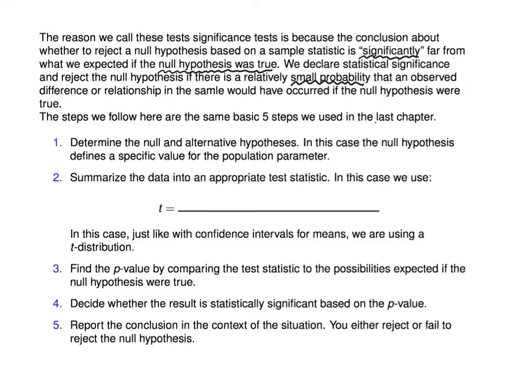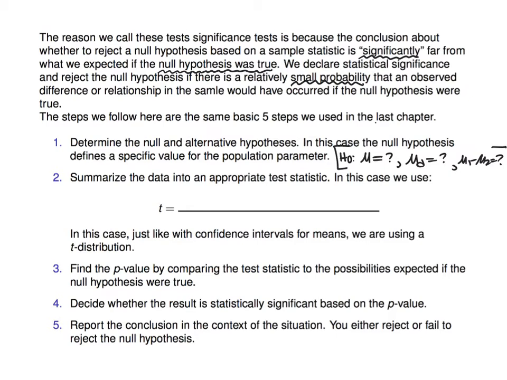And the steps we're going to do for these tests are pretty much the same as the steps for the last chapter, just some of the details are a bit different. So the first thing is to figure out the null and alternative hypotheses. In this case, the null hypothesis defines a specific value for the population parameter. So your H naught should be a mu equals something, a mu d equals something, or a mu1 minus mu2 equals something.